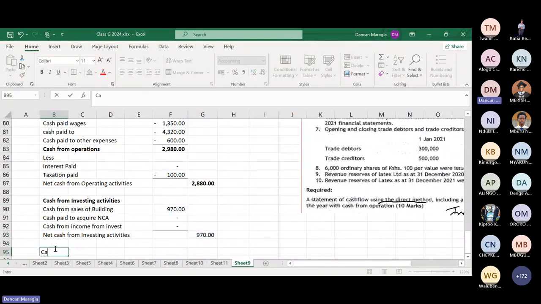Then cash flow from financing activities.